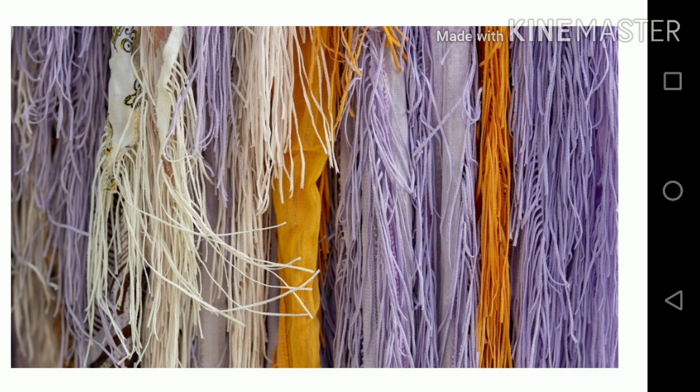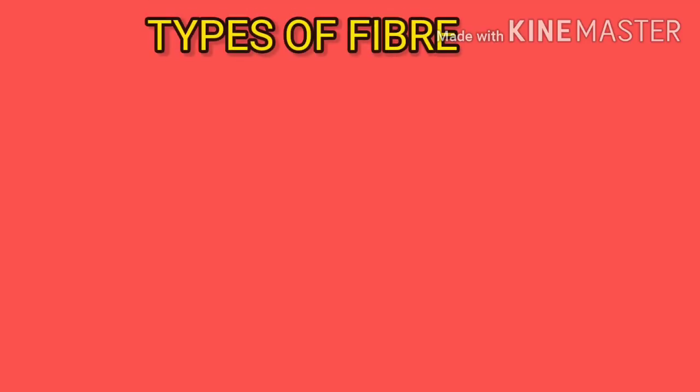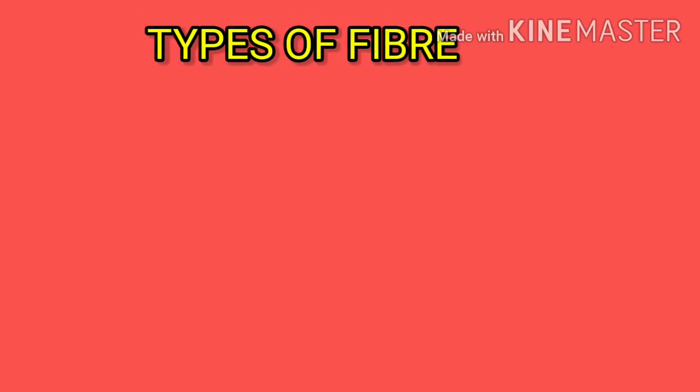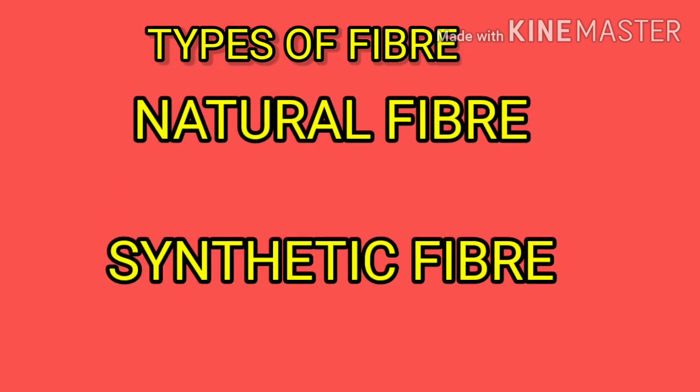Now there is another fiber, a silk fiber, which is also used to make fabrics. So students, what are the different types of fiber? There are two types: natural fiber and synthetic fiber. Natural fibers we get from nature, while synthetic fibers are made from chemicals, that is petrochemicals.